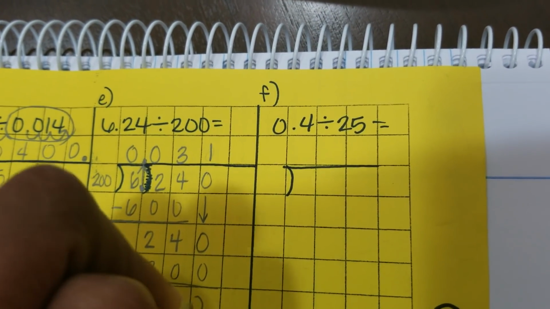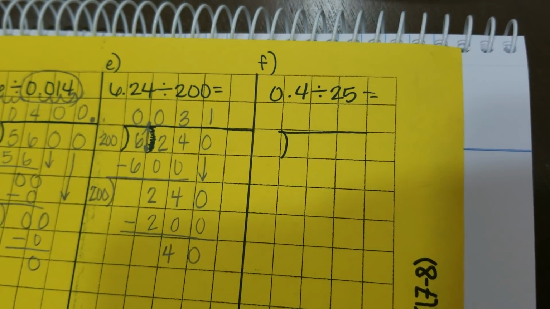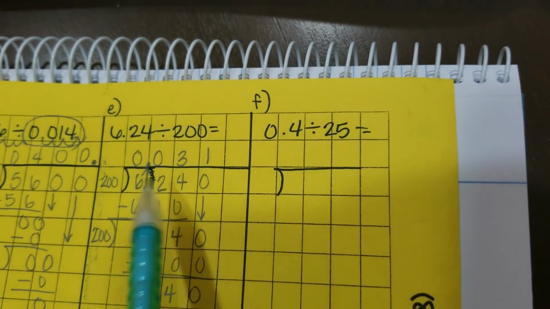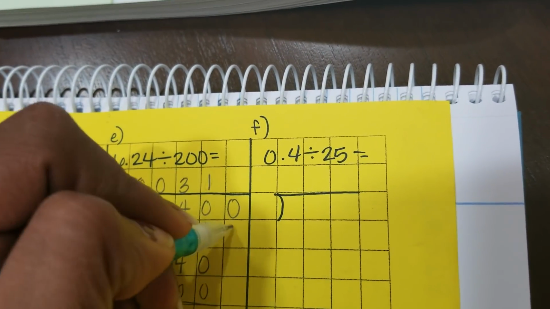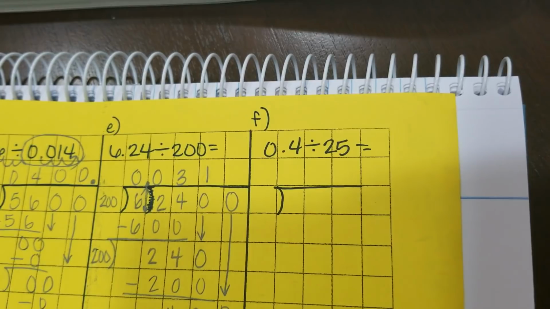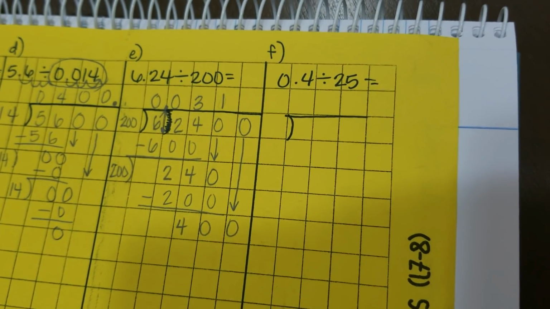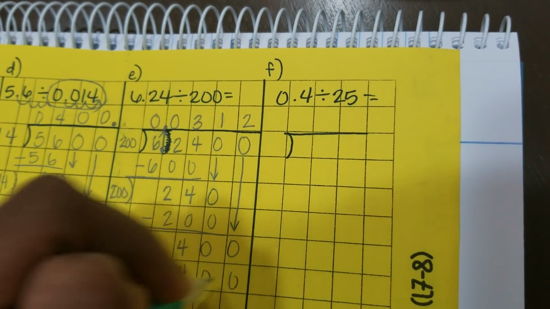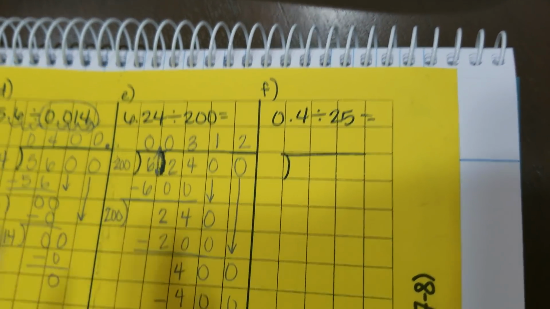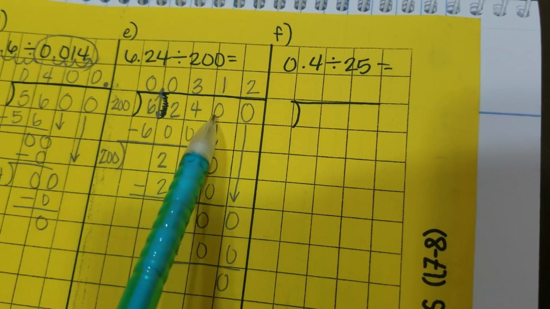Subtract to get 40. Okay, we can't put a remainder if we have a decimal point in our answer so far. So then we add another special 0. Okay, how many times does 200 go into 400? Twice. Subtract and 0. So we've used every number on the inside.